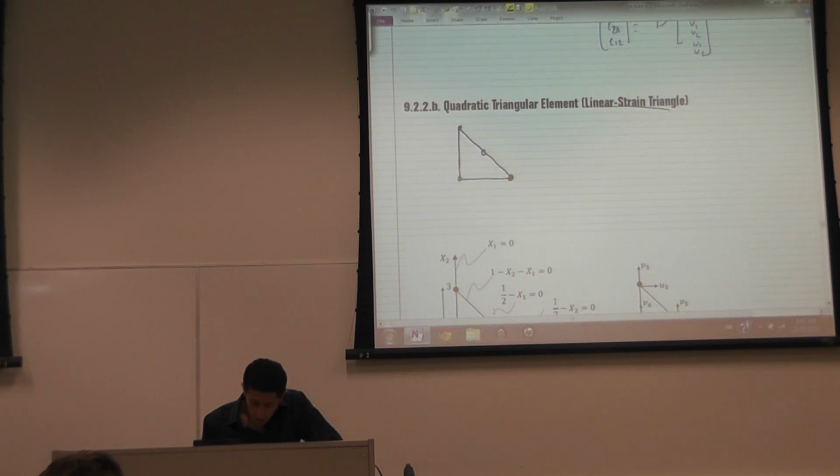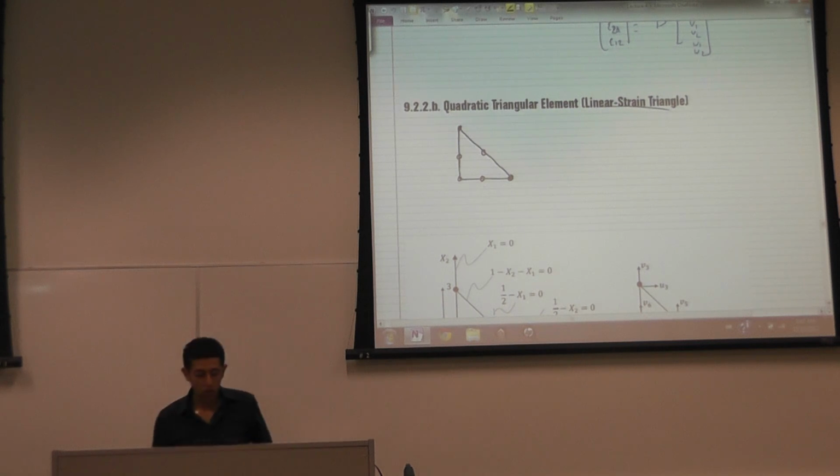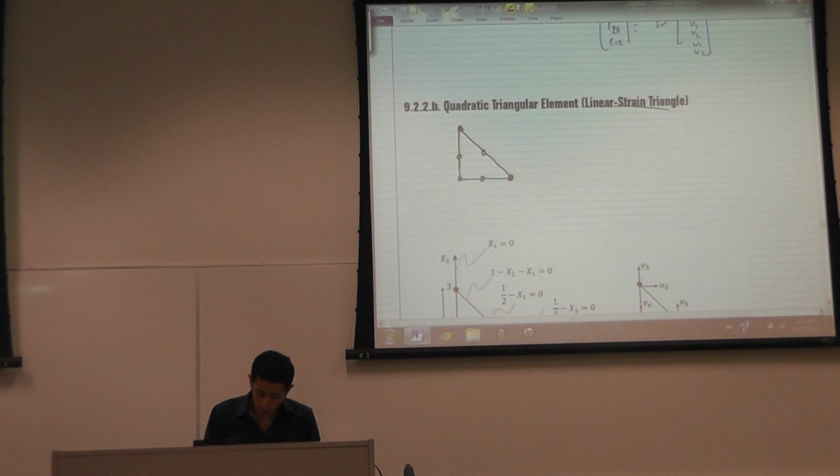If you add mid-side nodes, it becomes the linear strain triangle, and it can deform such that it has a shape like this.